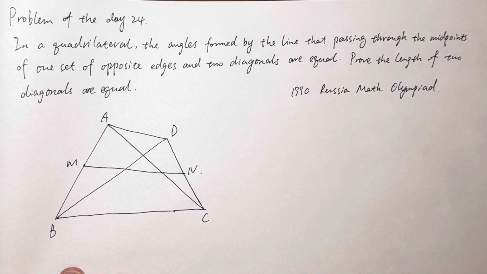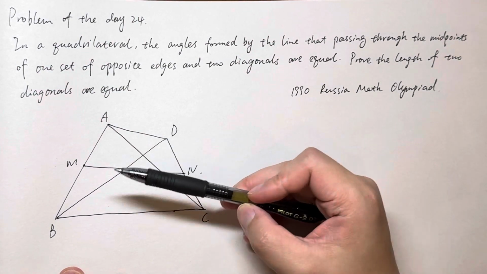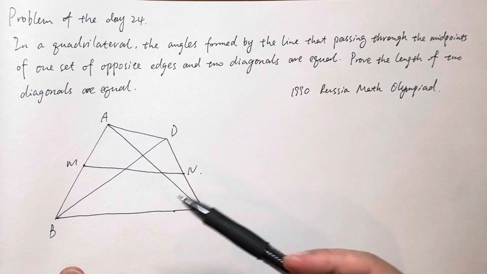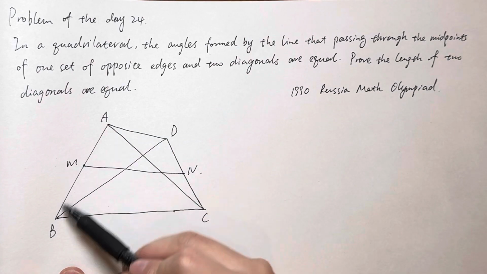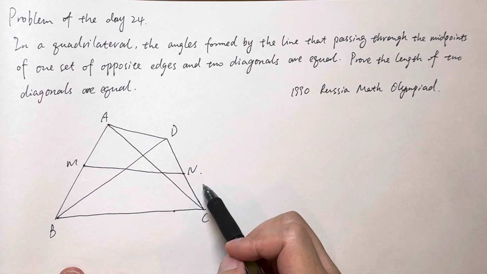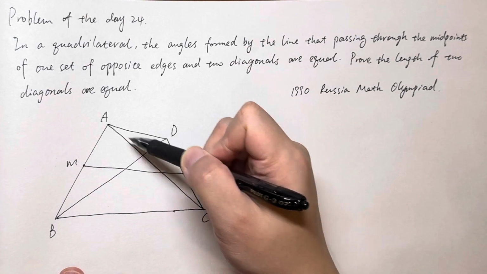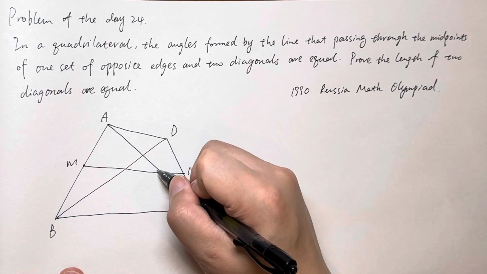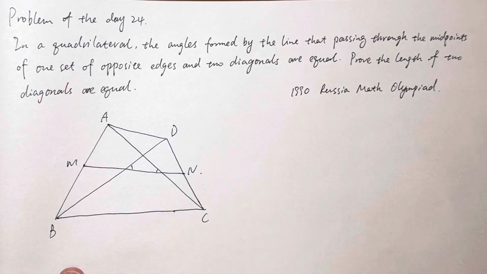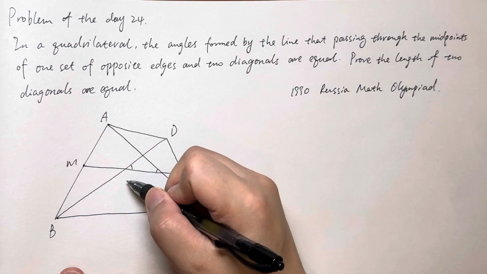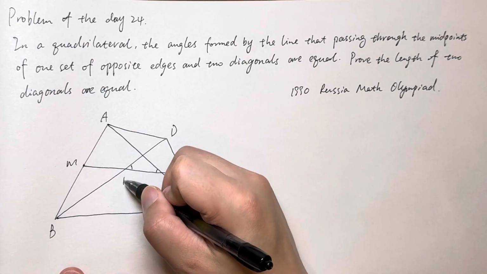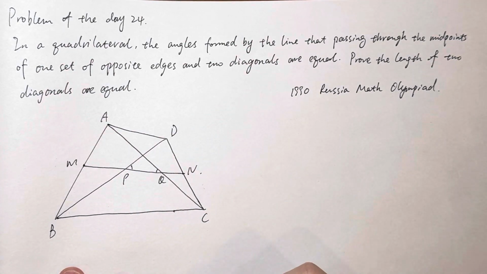What we learn here is that the angle formed by the lines passing through the midpoints of the opposite edges and the diagonal, right? This angle and this angle are the same. So let's call it PQ, for example.